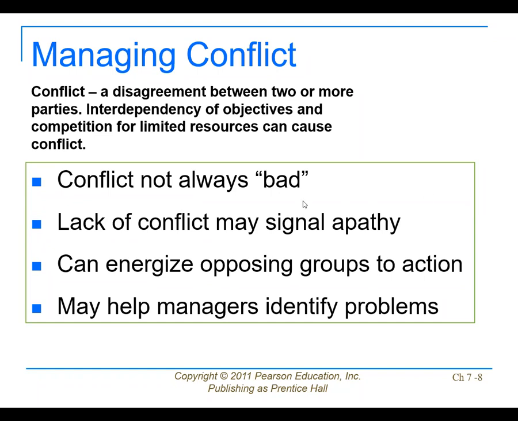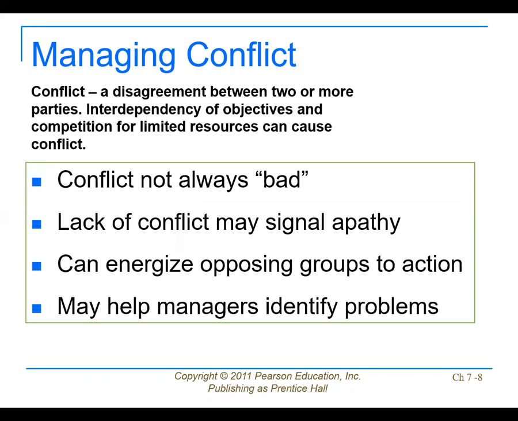So that's why conflict is not bad, but it should be brought down. Lack of conflict may signal apathy, because you become senseless.